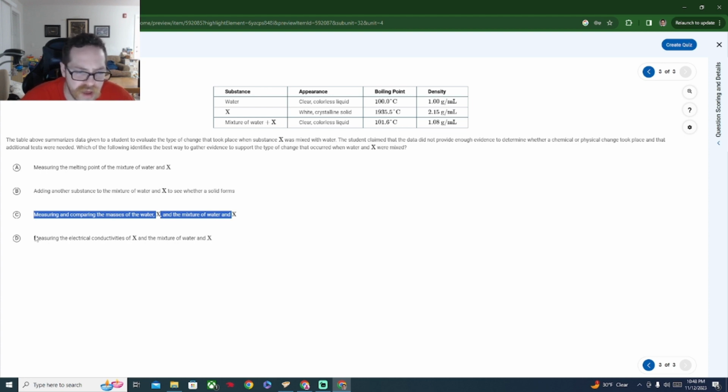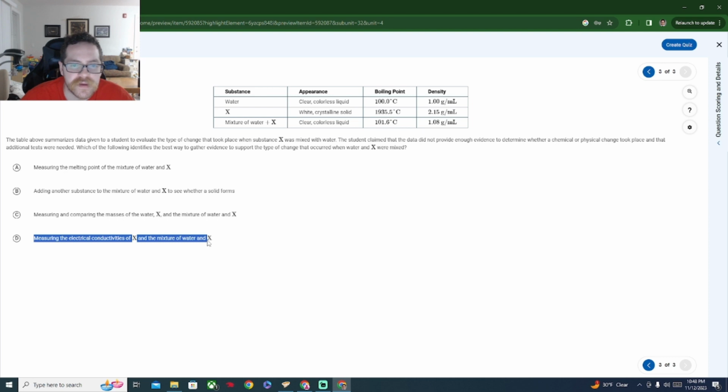But measuring the electrical conductivities of X, the mixture of water and X. So in this case, a white crystalline solid, if it's dissolving, there's a good chance it could be an ionic compound.